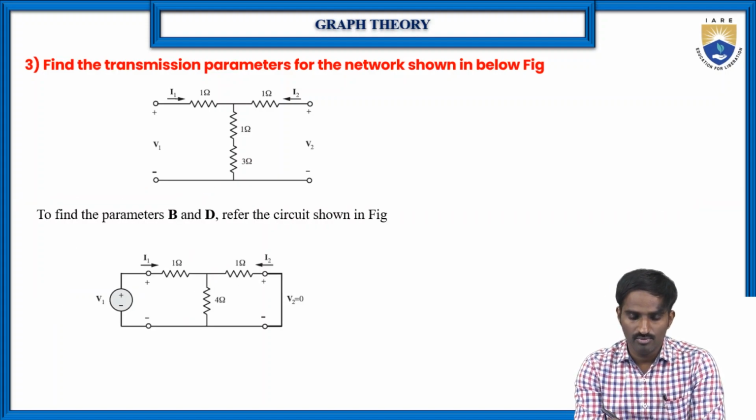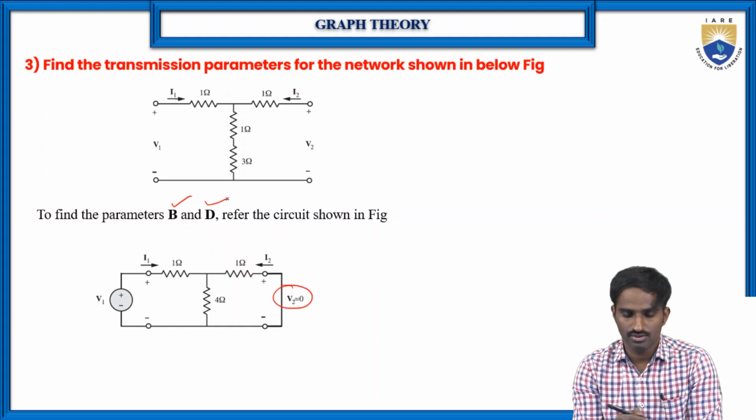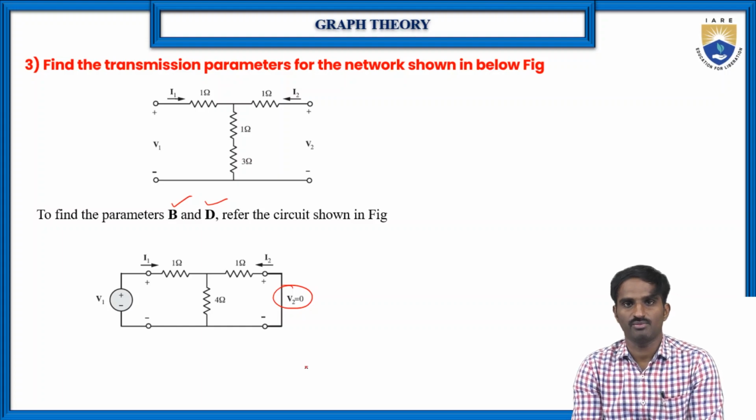And again by making the output terminal a short circuit, which means the output voltage equal to 0, we can find the B and D parameters, right? So this is just for your exercise, so you can do it by yourself, because I already explained the procedure, right? So this is the way to find the transmission line parameters or ABCD parameters, right?